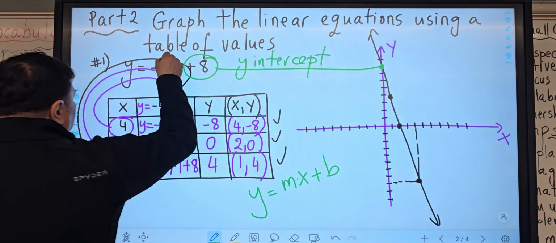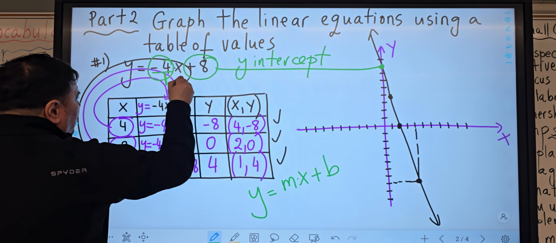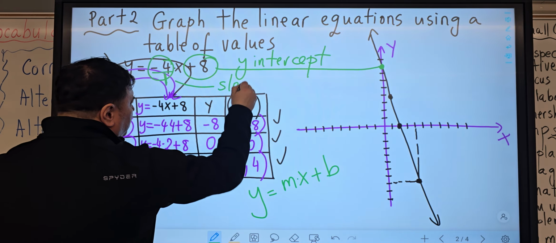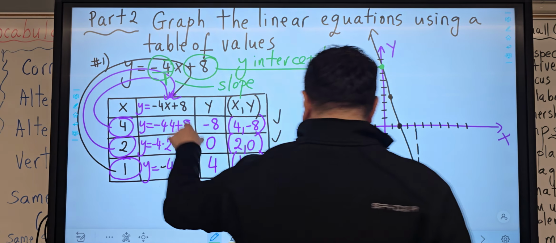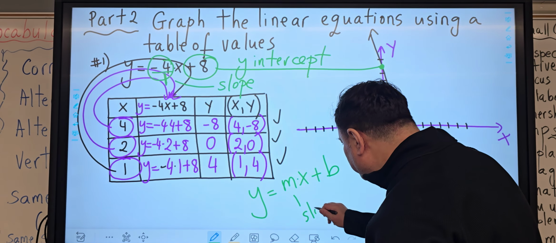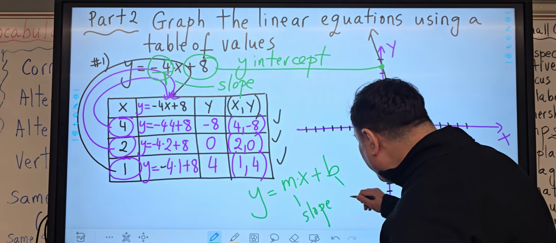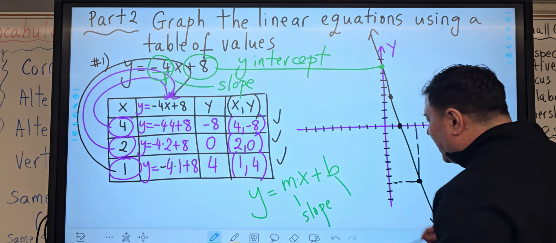So in this case, -4 or -4 over 1 represents our slope. So our slope is -4 over 1. Again, the number in front of x, this is our slope. And the b is the y-intercept, the last number at the end.